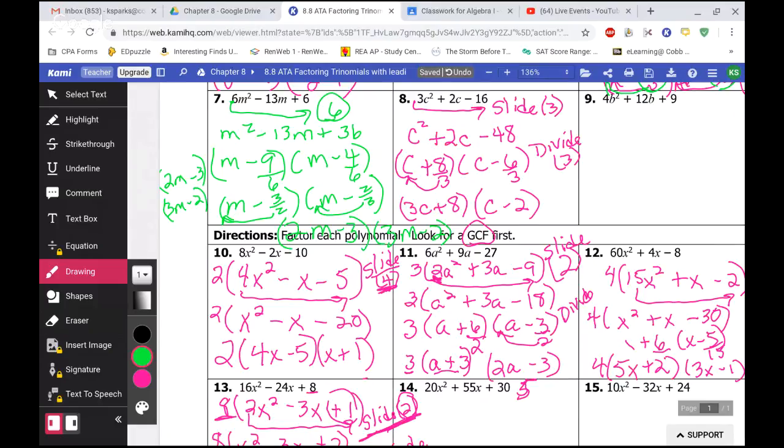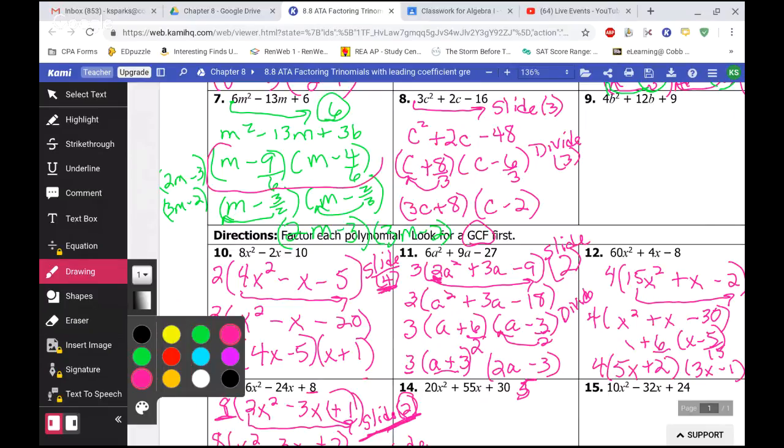So how did you do on number 7? I think I did all the work right, but I ended up with 6m minus 9, 6m minus 4. Okay, I got you. So instead of reducing at this step here. Yeah, I just put it into bottoms up. Okay. All right.